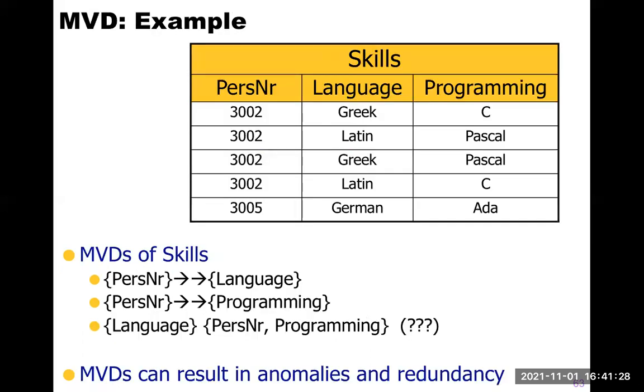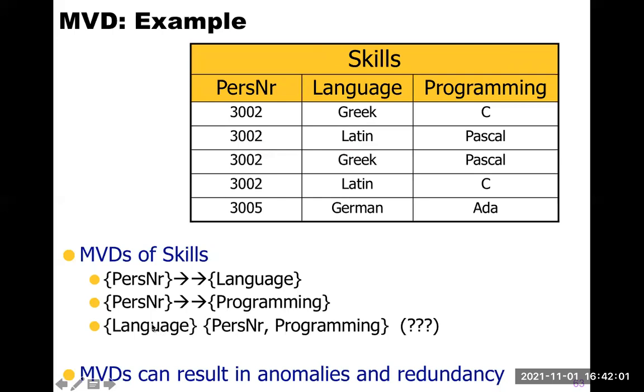So I can say that language depends on first number. But I can't say that language depends on first number functionally. That's not the case. Each person number has multiple languages. And that's exactly the case. First number corresponds to multiple language values. The same thing: first number corresponds to multiple programming values.